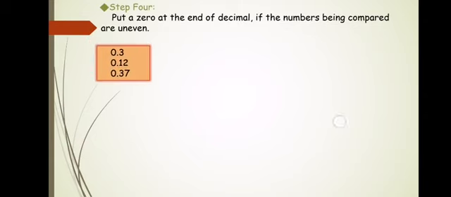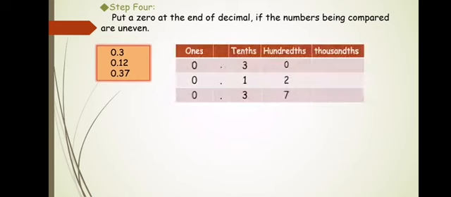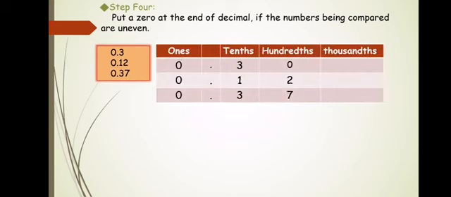For example, we have in the first number 1 digit after the point, in the second number 2 digits after the point, and in the third number 2 digits after the point. So we add 0 in the first number in order to make the three numbers have the same number of digits. So now we have to compare.